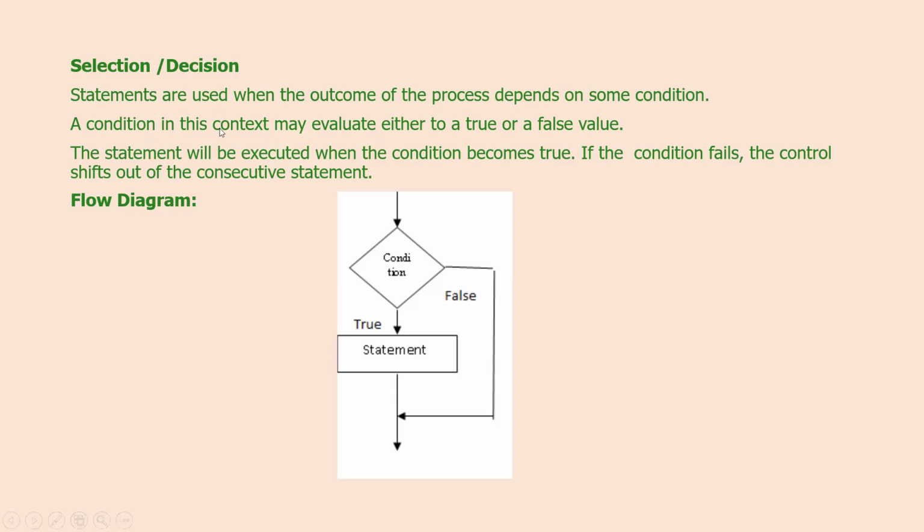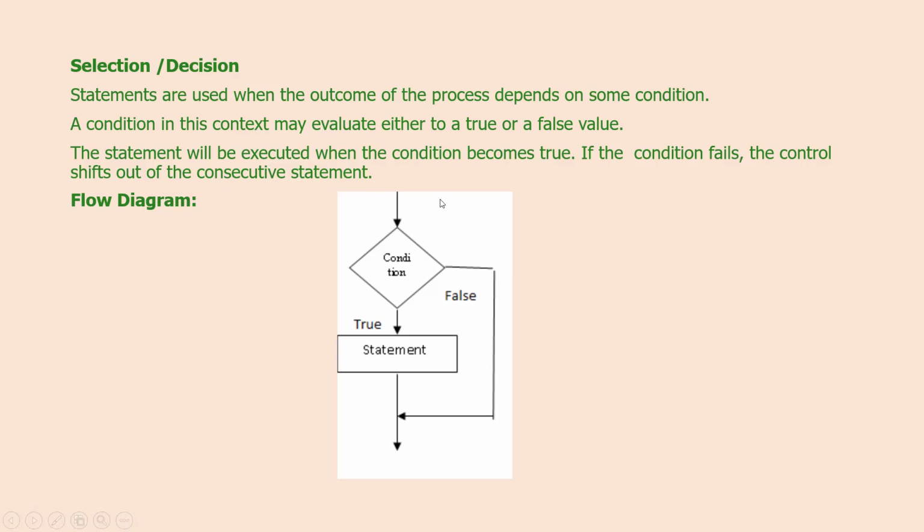A condition in this context may evaluate to either a true or a false value. Whenever a condition is true, only that block will execute. For a false condition, the block will be avoided. The statement will be executed when the condition becomes true. If the condition fails, the control shifts out to the consecutive statement.